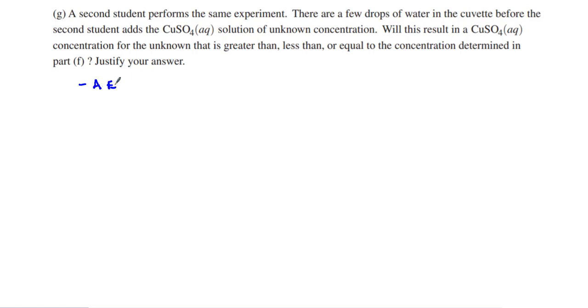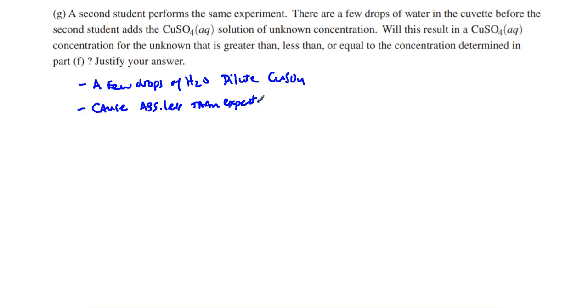A few drops of water will dilute the copper sulfate. If it dilutes the copper sulfate, what's that going to do to the absorbance? This will cause the absorbance to be less than expected because it's diluted.